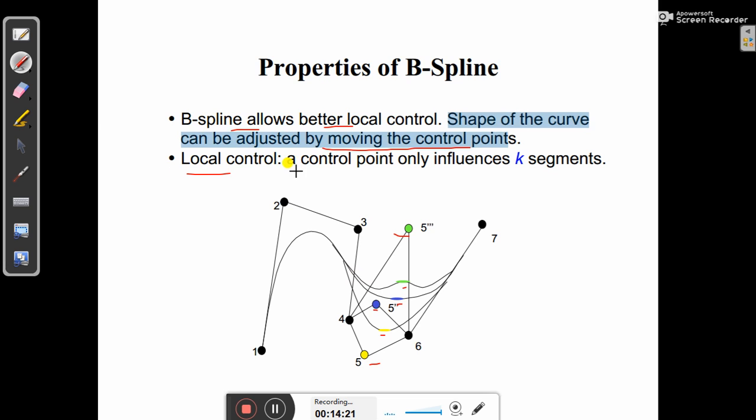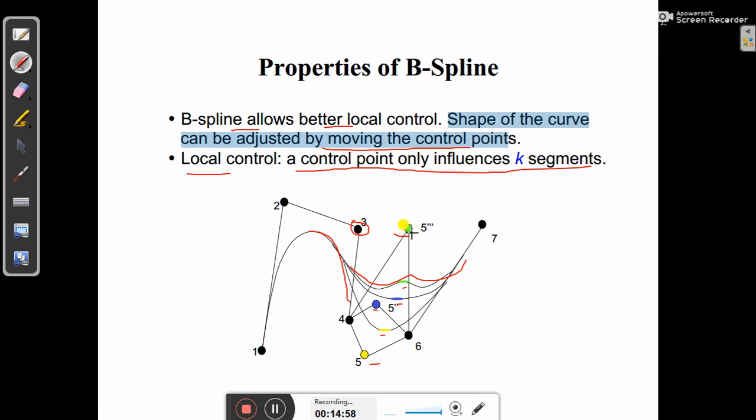Local control means a control point only influences k segments. So this control point can only control some part of the segment of the curve. Due to the changing position of 5, only this part got changed, but the remaining part of the curve almost stays in its previous orientation.